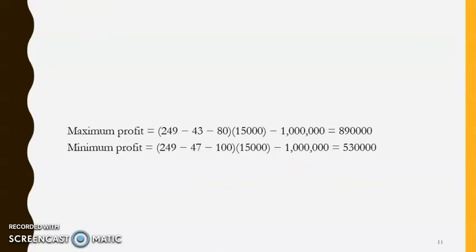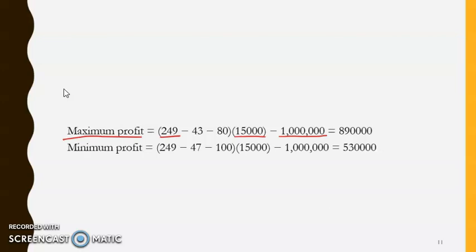Here we have the answer to activity 3. In the situation of best case scenario that we get the maximum profit, it would be this. 249 is the price. It is fixed. 15,000 of demand is fixed, and $1 million of administrative and marketing is fixed. But most of the problem revolves around labor cost and parts cost.